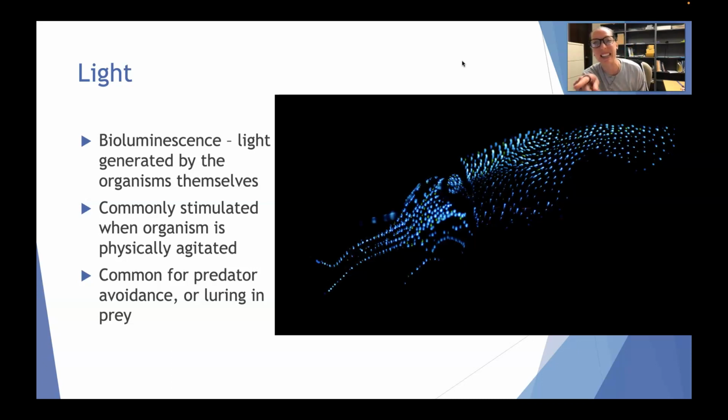And this picture here is that of a squid. And you can see the bioluminescent little speckles on this little cutie here, which I think are really, really cool. There are tons of different types of animals that use bioluminescence, including plankton and bigger creatures.